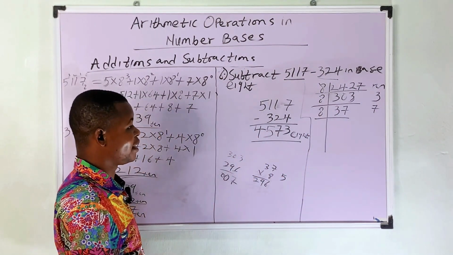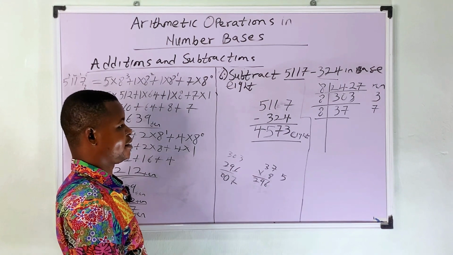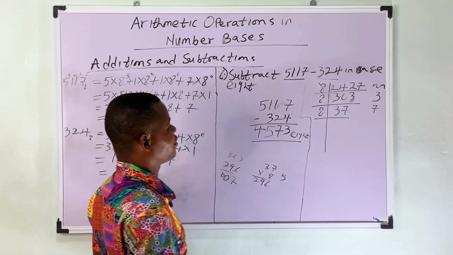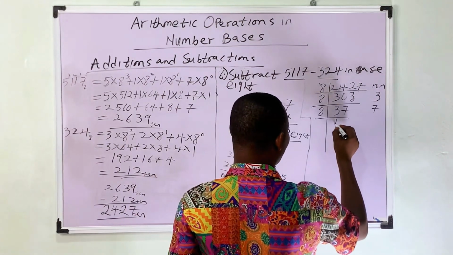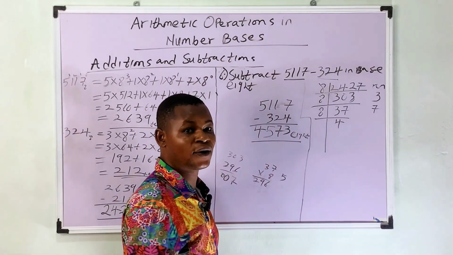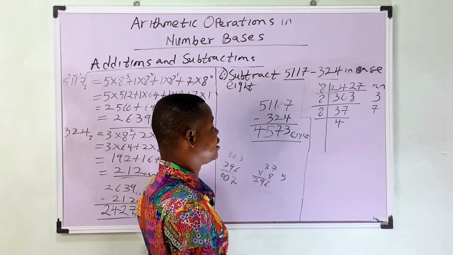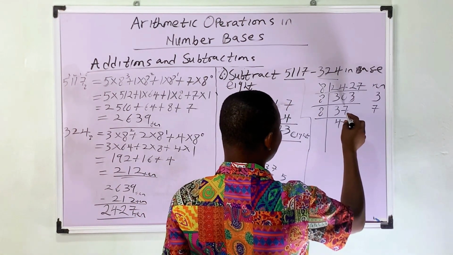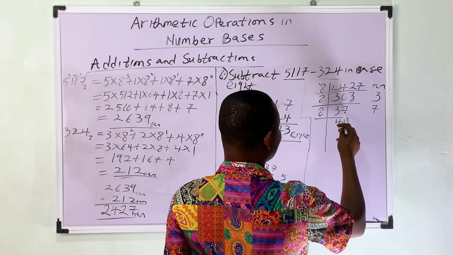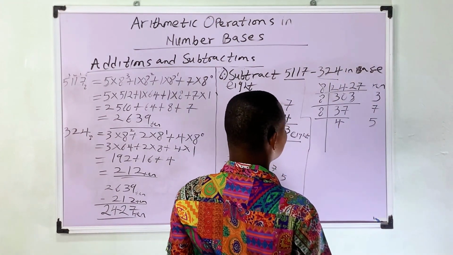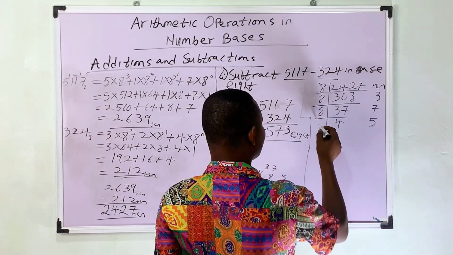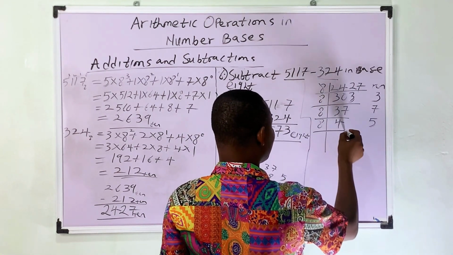37 divided by 8 is 4, because 8 times 4 will give us 32. And we have 5 as the remainder, because 37 minus 32 will give us 5. 4 divided by 8, impossible.